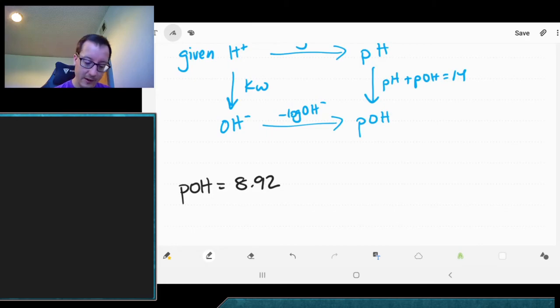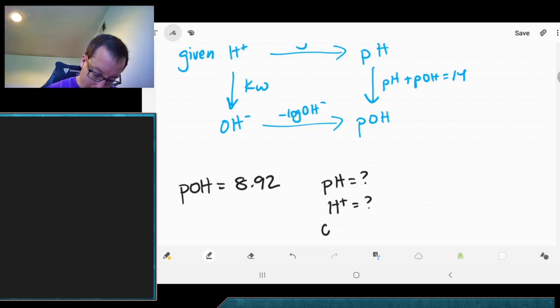Let's see if we can't get everything else. We can do this. So if pOH is 8.92, right away we can find the pH, or we could find the OH minus concentration.